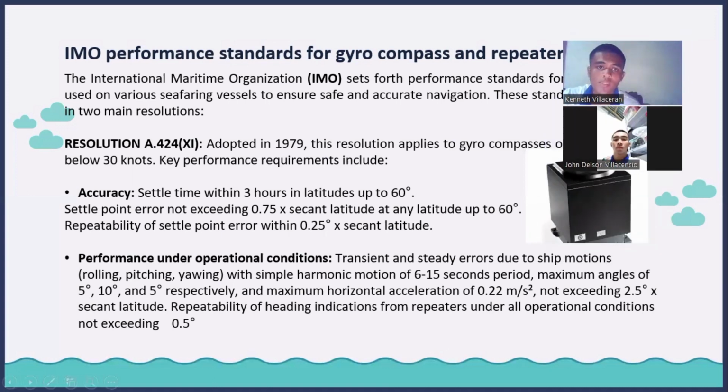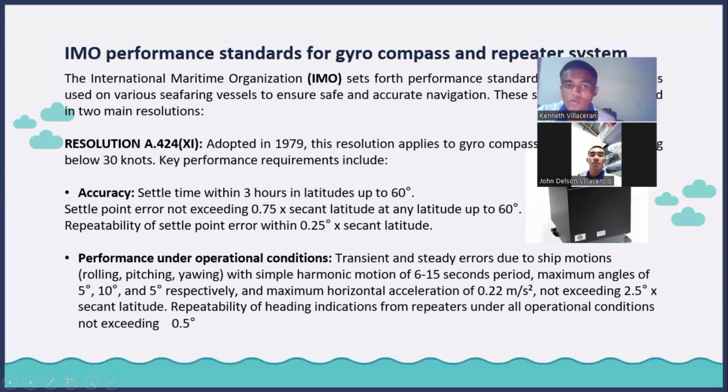The first resolution is Resolution A.424, adopted in 1979. This resolution applies to gyro compasses on ships operating below 30 knots. The performance requirements included in the resolution are, first, accuracy: settle time within 3 hours in latitudes up to 60 degrees.